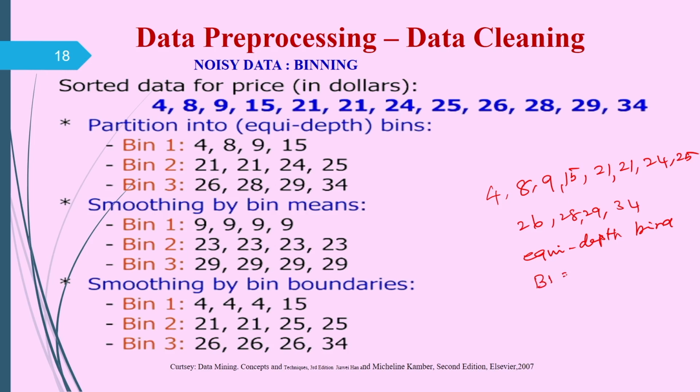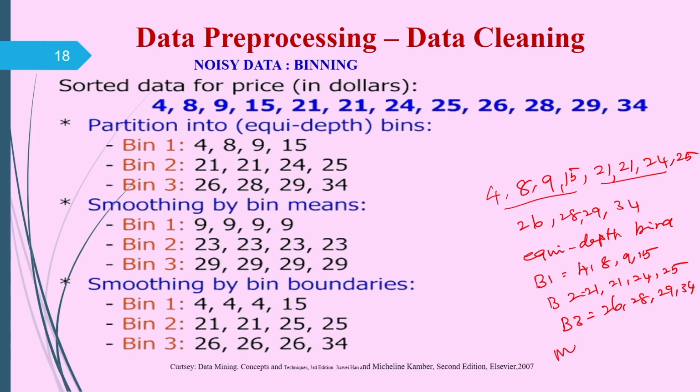Bin 1 contains 4, 8, 9, 15, the first 4 data. Bin 2 contains the next ones, 21, 21, 24 and 25, and bin 3 contains 26, 28, 29, 34. So the data is divided into 3 different bins.